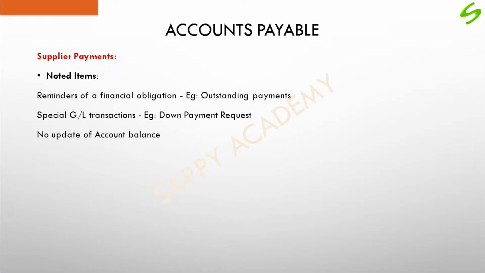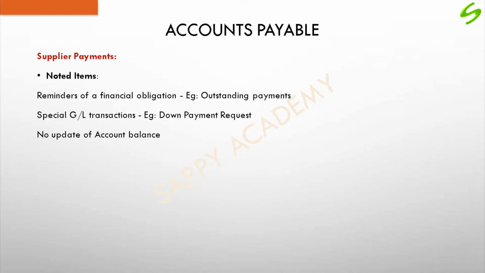The next topic under supplier payments is noted items. Noted items are used as reminders of a financial obligation, for example, outstanding payments which are due or which are to be made. Some special general ledger transactions are also noted items, for example, down payment request.